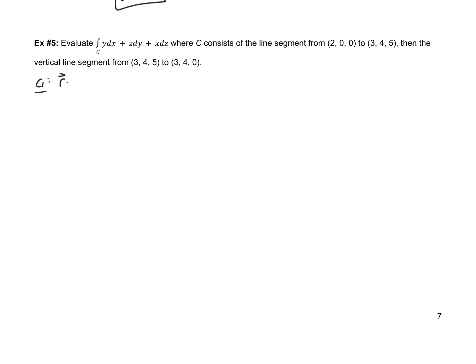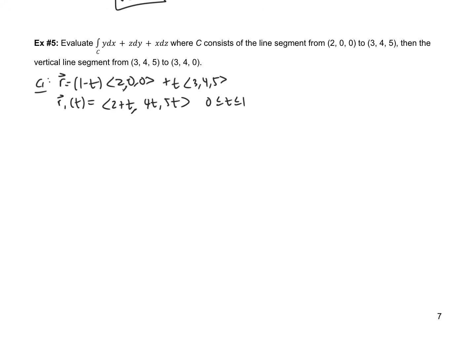So our first line segment we can write as 1 minus t times the starting point of 2, 0, 0, plus t times our ending point of 3, 4, 5. So that r1 of t then, once we simplify everything, ends up being 2 plus t, 4t, and 5t, t from 0 to 1.